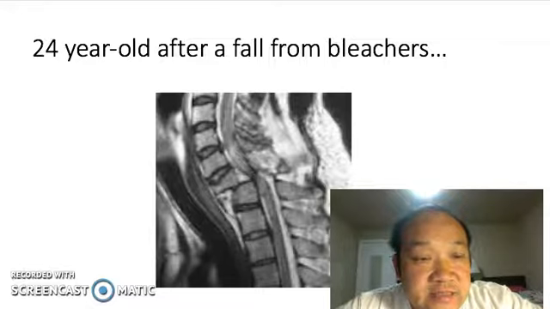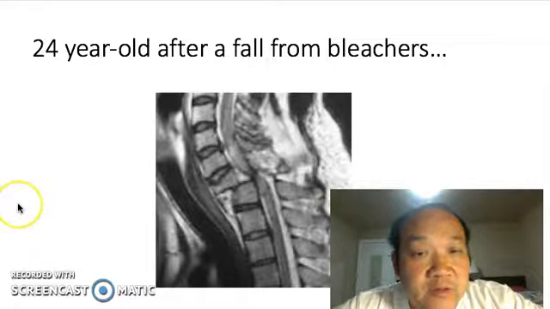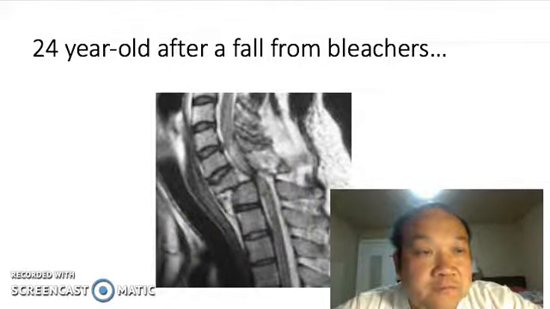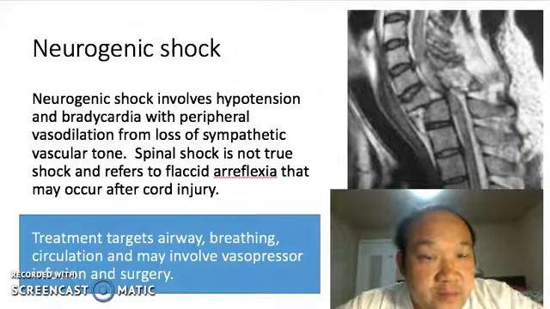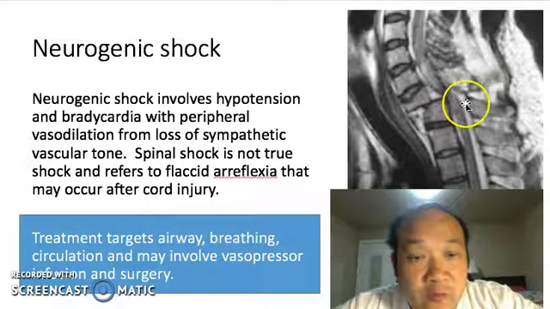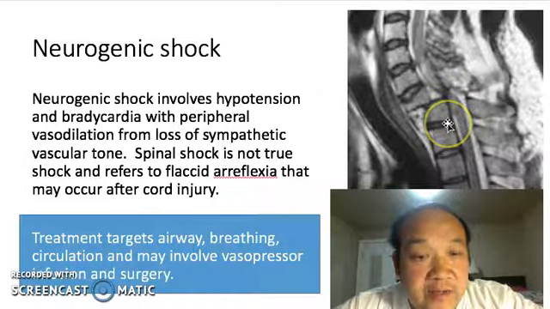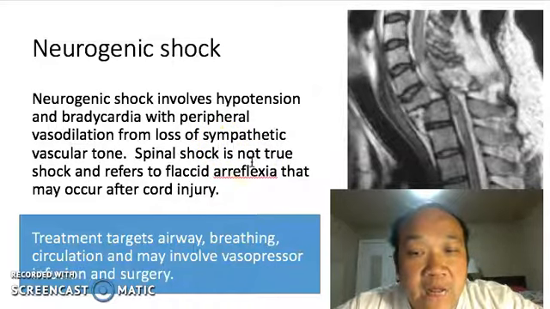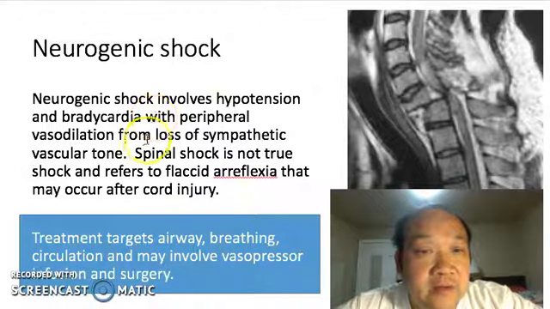Our next case involves a 24-year-old patient presenting with neck pain and paraplegia after a fall. As you can see above me now, there is a spinal cord injury, and this type can cause loss of sympathetic tone, leading to hypotension and bradycardia.